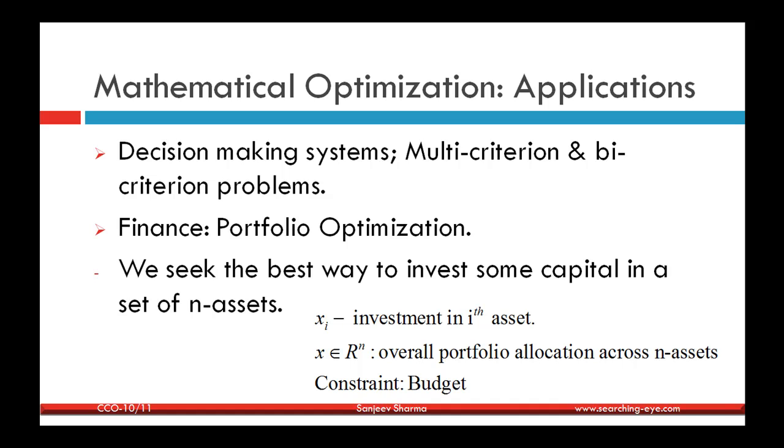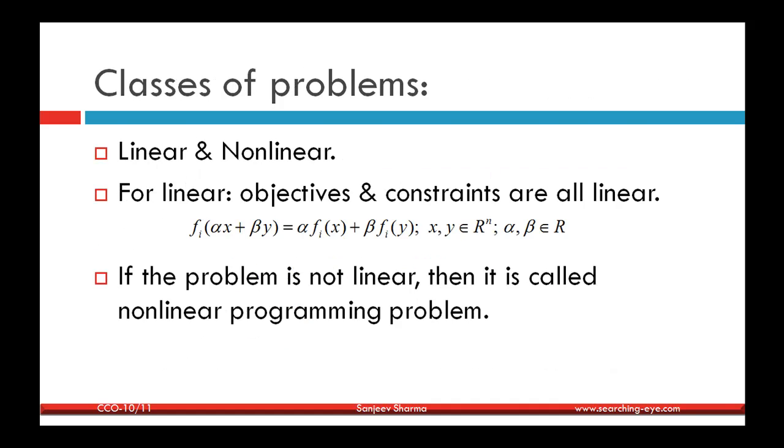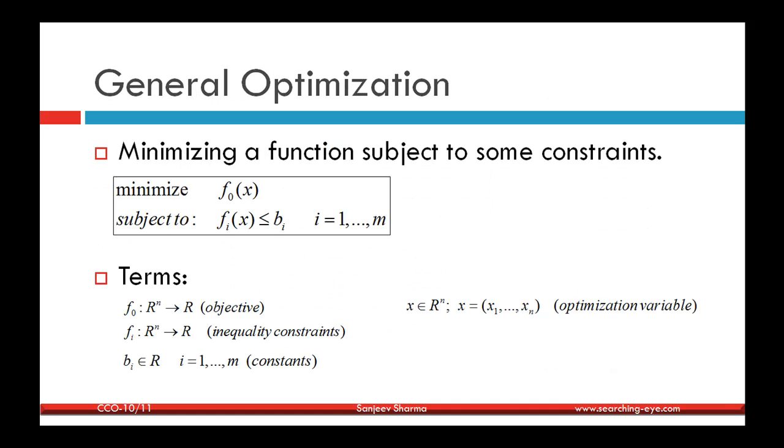In finance, we do portfolio optimization, where we seek the best way to invest some capital in a set of n assets. So the optimization variable, which is the vector in R^n, has the components x1 to xn.